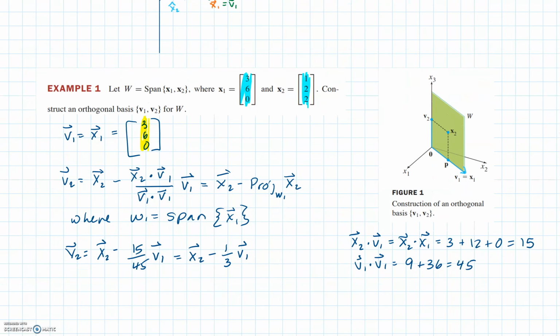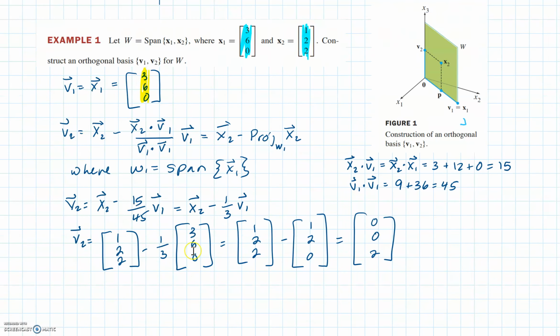Computing that vector, we get V2 is equal to x2, which is (1, 2, 2), minus 1/3 of V1, which is (3, 6, 0). Computing that, 1/3 of V1 is (1, 2, 0), and then subtracting these two vectors, we get (0, 0, 2).